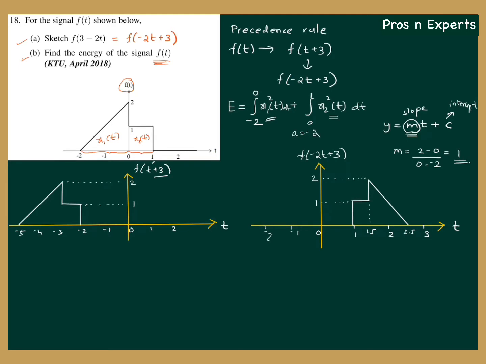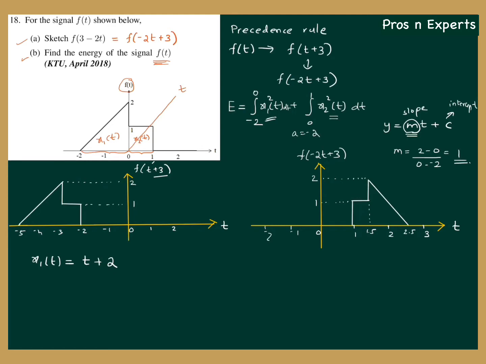So I can write the expression for the straight line as x1 of t is equal to m is 1, so 1 into t plus c is 2. So x1 of t is t plus 2. That's obvious because this is a ramp signal. If the signal was like this, then it is a pure ramp signal, x of t equal to t.